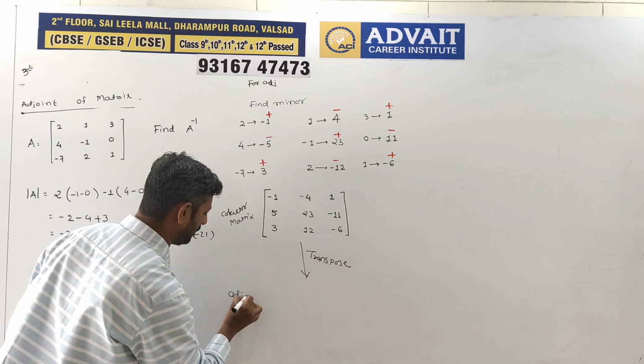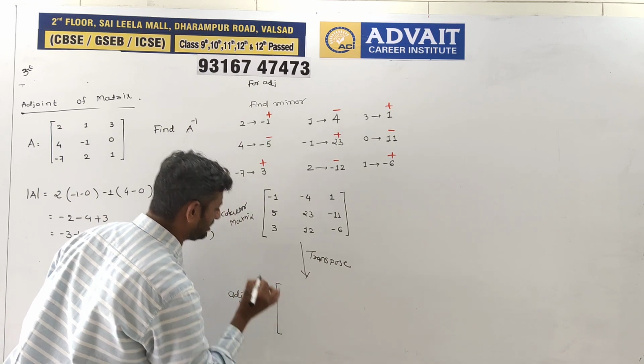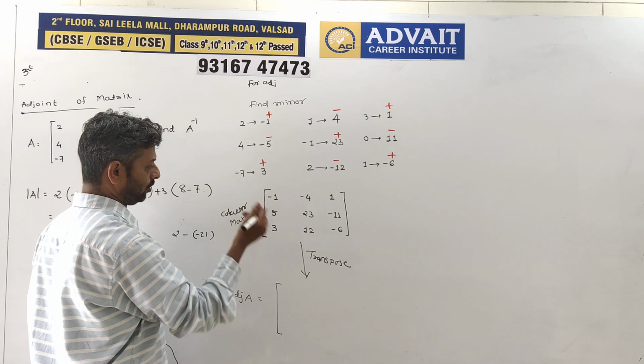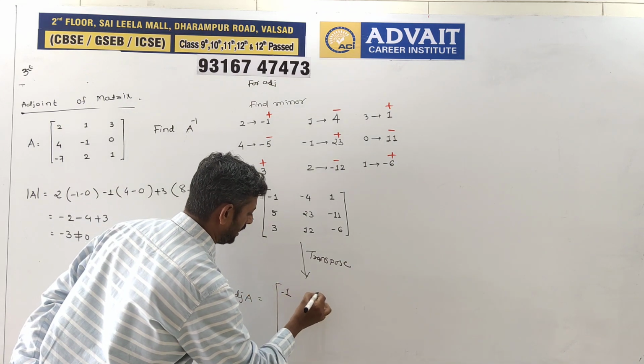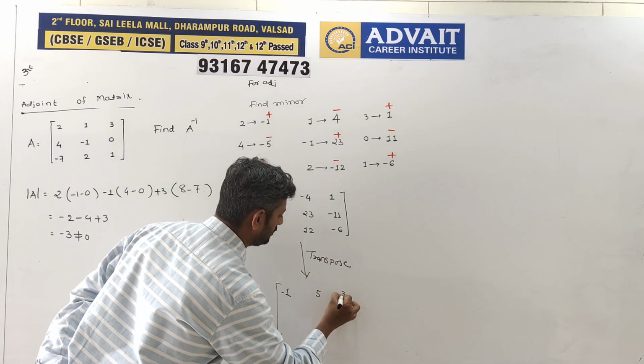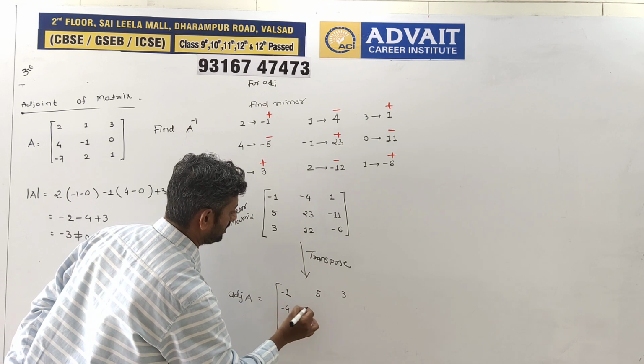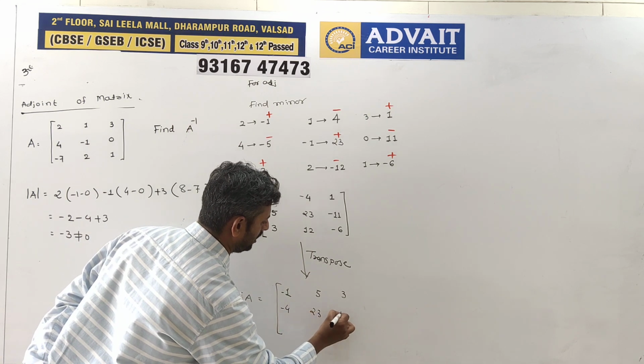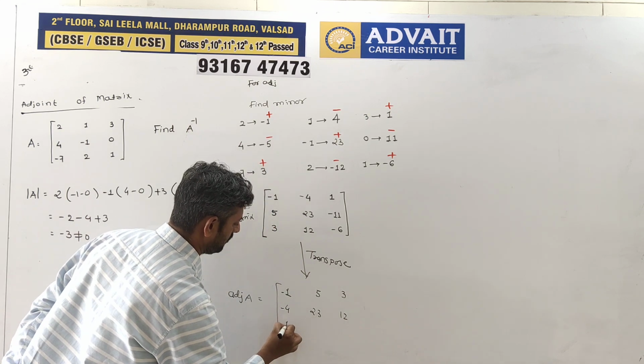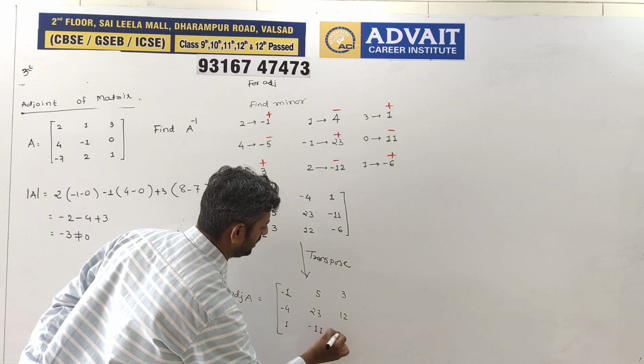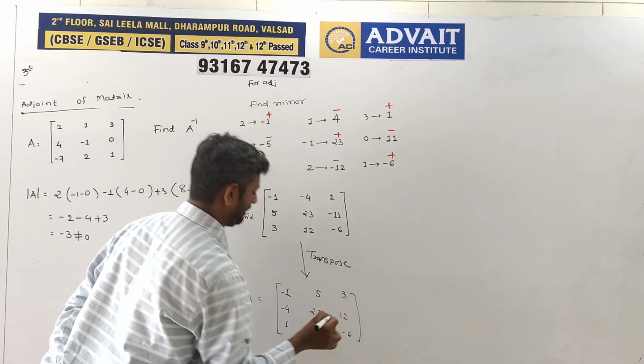So your adjoint of A is nothing but, row to column, minus 1, 5, 3, minus 4, 23, 12, 1, minus 11, 6.